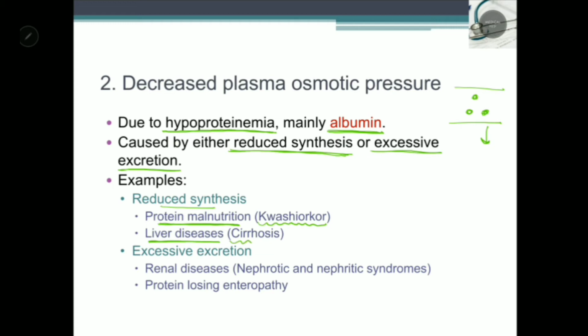So say there is cirrhosis of the liver, that is going to impair this function of the liver, and there will not be enough synthesis of these plasma proteins, leading to hypoproteinemia, leading to edema. Now, protein may be formed in adequate amounts, but there may be some disorder that will lead to excessive excretion of those proteins from the body. For example, in renal diseases like nephrotic and nephritic syndrome, or in protein losing enteropathy. These are the conditions in which the protein will be lost from the body excessively.